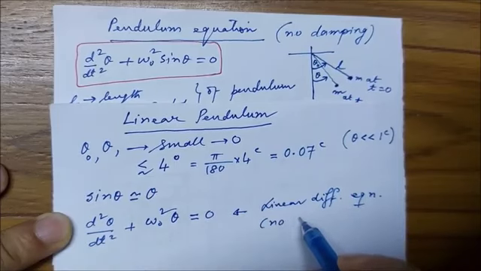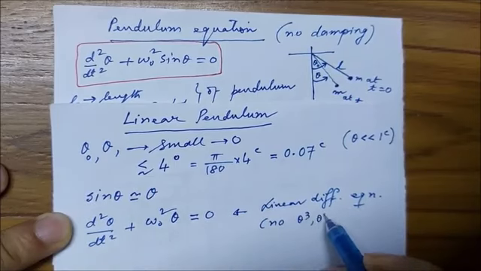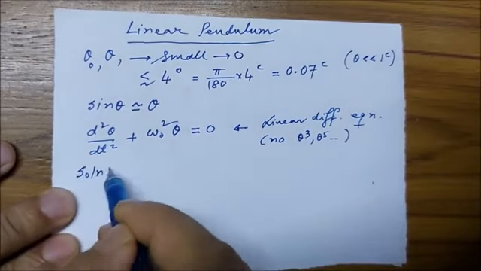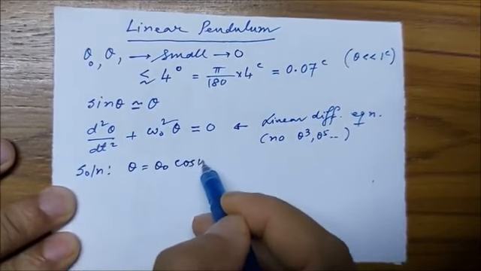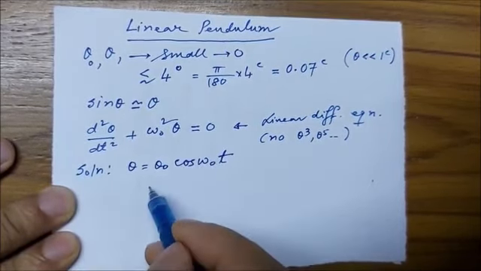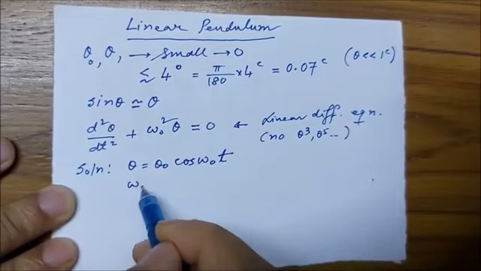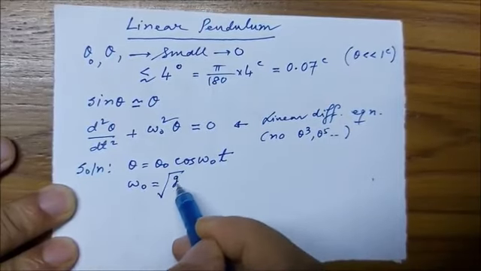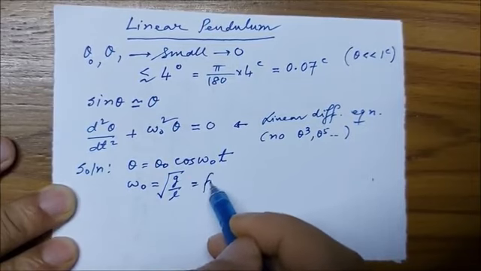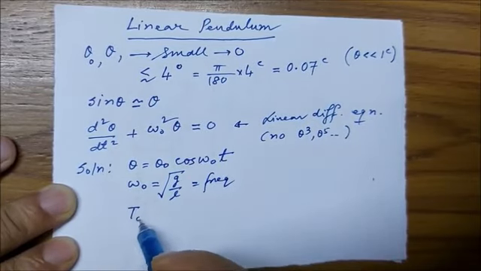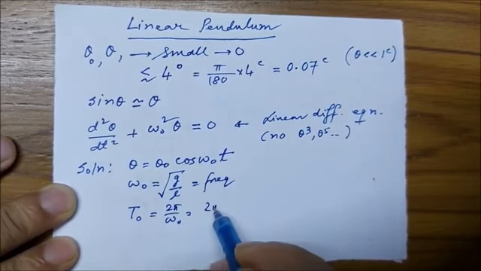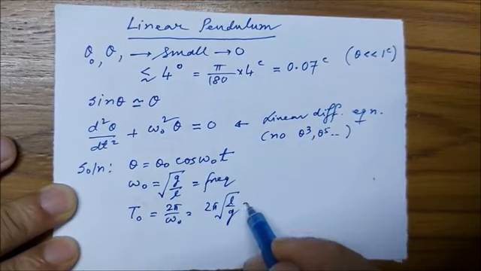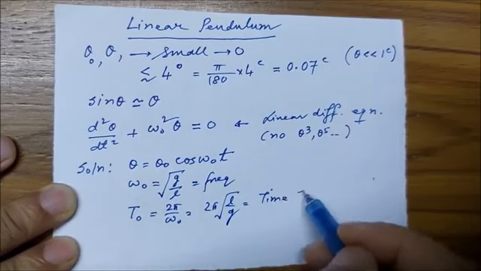There is no theta cubed or theta to the power 5, etc. Solution is given, and omega 0 is the frequency, and the time period is given, so this is the time period.